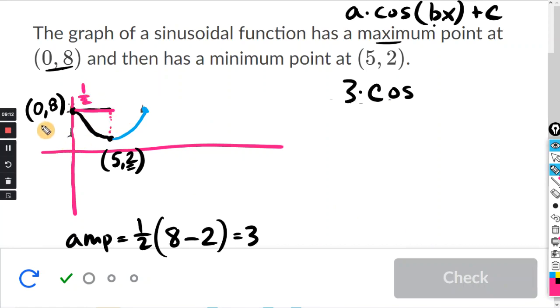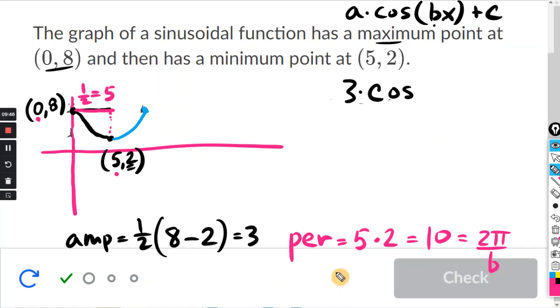Okay, so horizontally we traveled from 0 to 5. So half of the period is going to be 5 minus 0, or just 5. All right, that's a 1/2 right there. Therefore, if half of the period is 5, then we just take the 5 and multiply it by 2 to get the full period. Okay, and the formula for the period equals 2 pi over b.